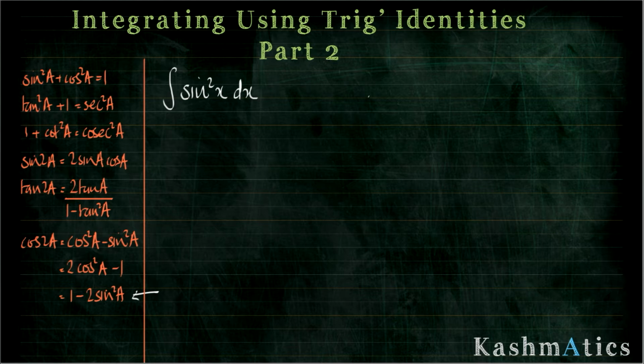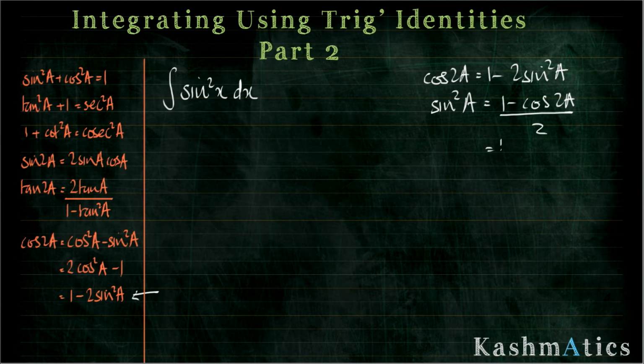I'm just going to write it on the side here. So we've got cos 2a is equal to 1 minus 2 sine squared a. I'm going to rearrange it to give sine squared a is equal to (1 minus cos 2a) over 2. Just remember that can be written as a half (1 minus cos 2a).